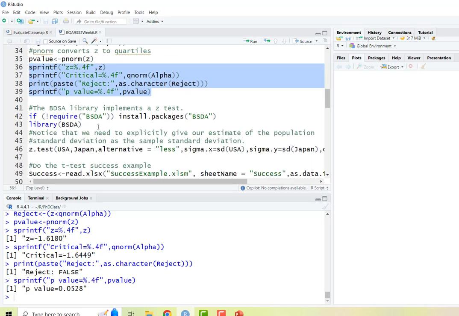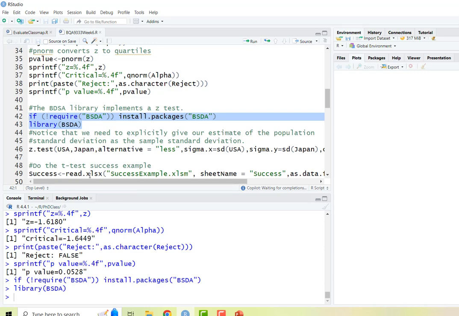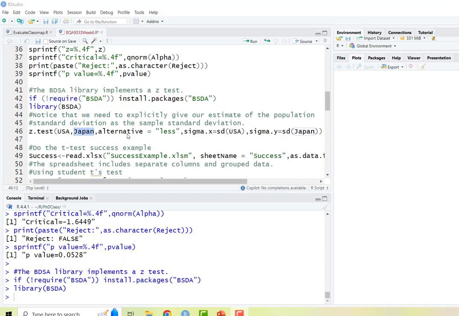Now, remember we talked about how statisticians really don't like estimating the population standard deviation with a sample standard deviation. So R, designed by statisticians, doesn't actually implement the two-sample z-test. But there is a library called BSDA that does. There's a function called z.test, where again we pass our two pieces of data.